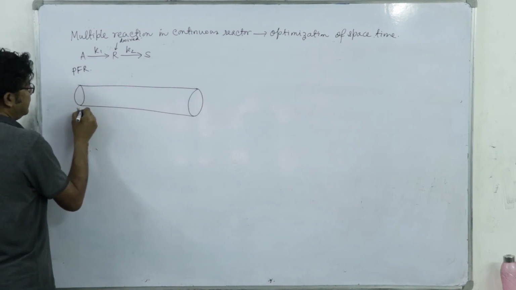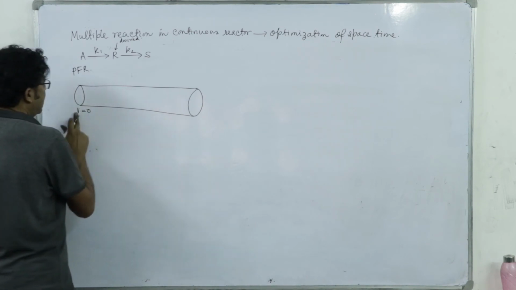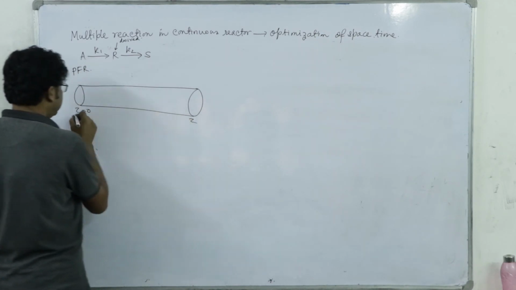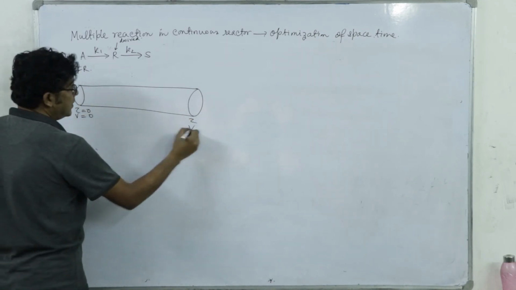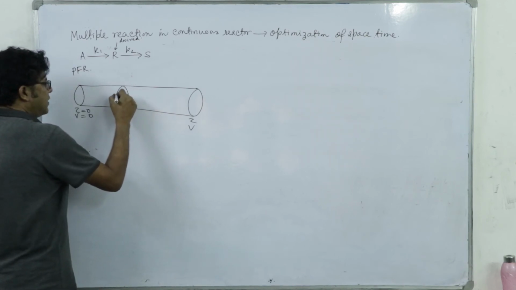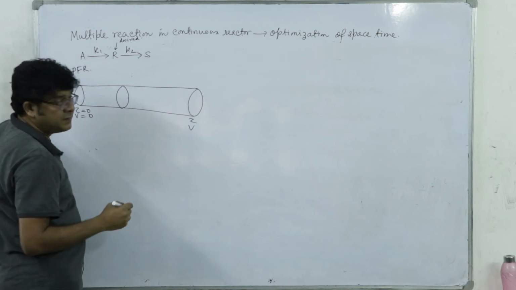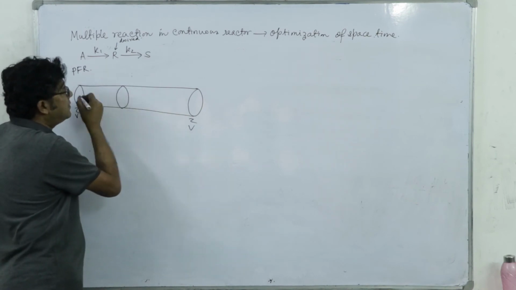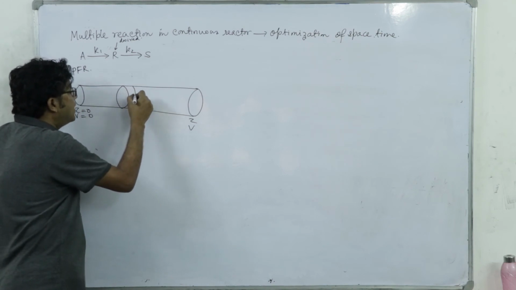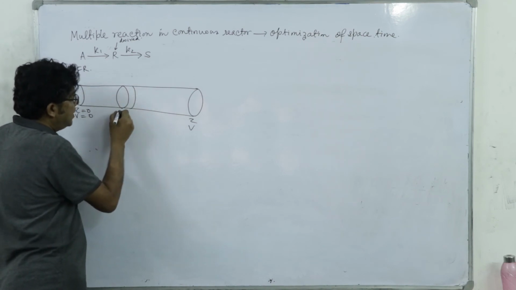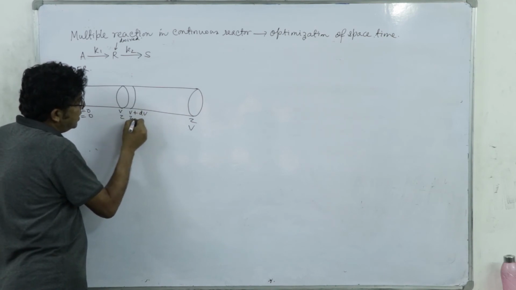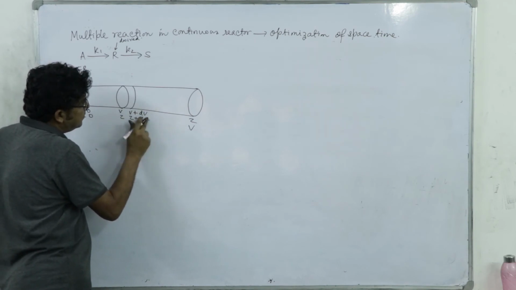So this is V equal to 0, or rather tau equal to 0, that is tau. This is V equal to 0, that is V, and as it is a distributed parameter model, the PFR is a distributed parameter model, as there is a change of concentration along the axial direction. So we will consider a differential volume element between V to V plus dV, or alternatively between tau to tau plus d tau.